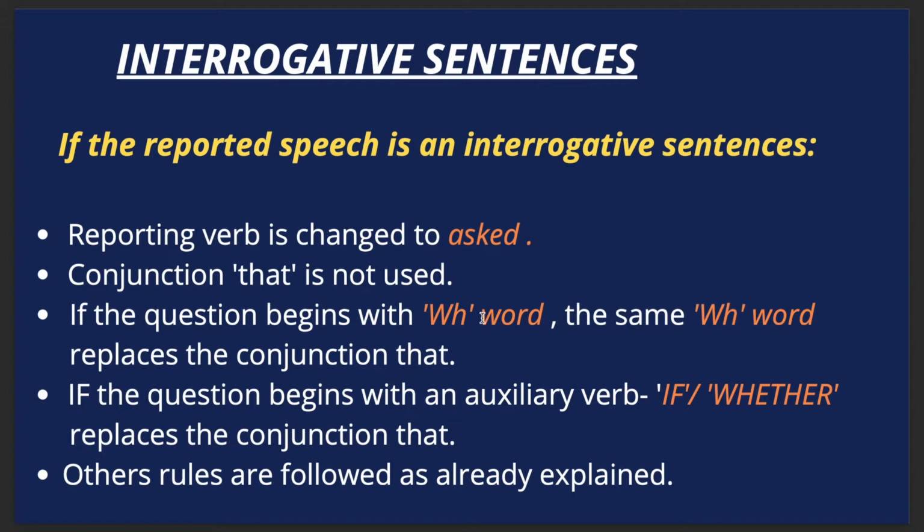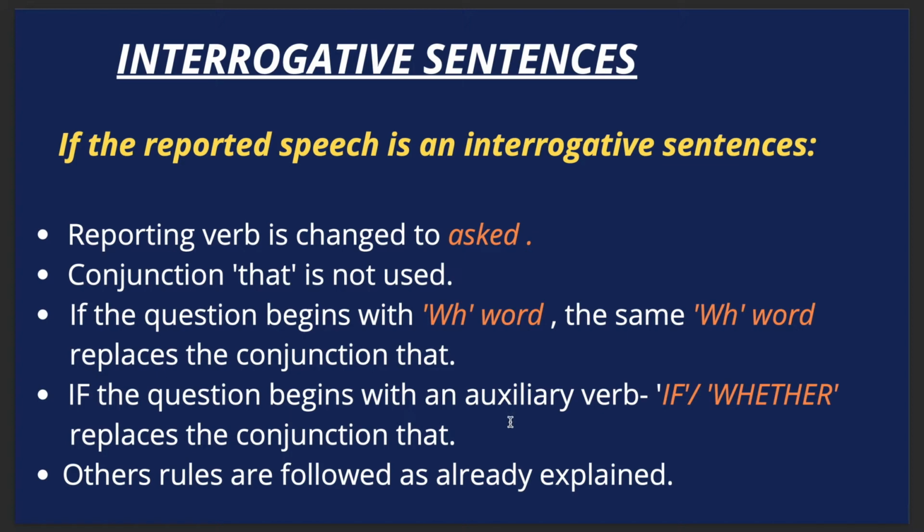If the question begins with a WH word, that is what, where, when, why, whose, whom, etc., the inverted commas are replaced by the same WH word with which the question begins.